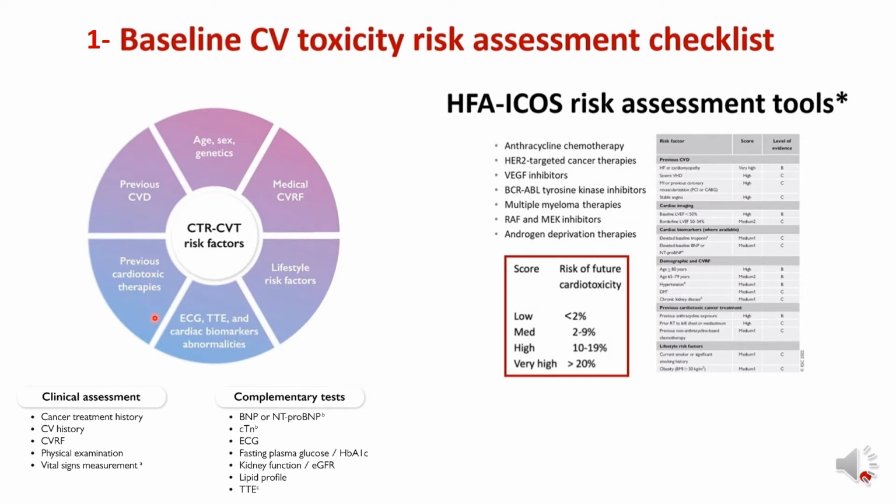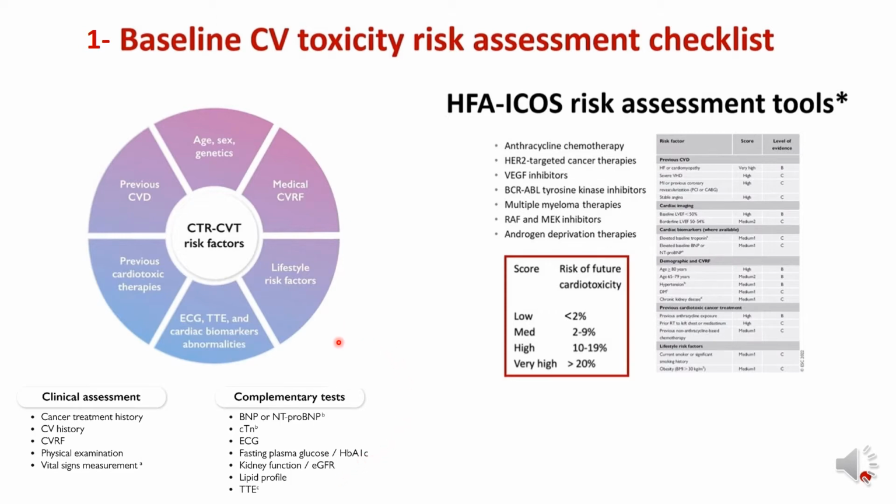This also includes tools like ECG, baseline echo, and biomarkers in high-risk patients or patients with cardiovascular disease, including NT-proBNP and high-sensitivity troponin. It also includes a metabolic profile like hemoglobin A1C, kidney function, and lipid profile.